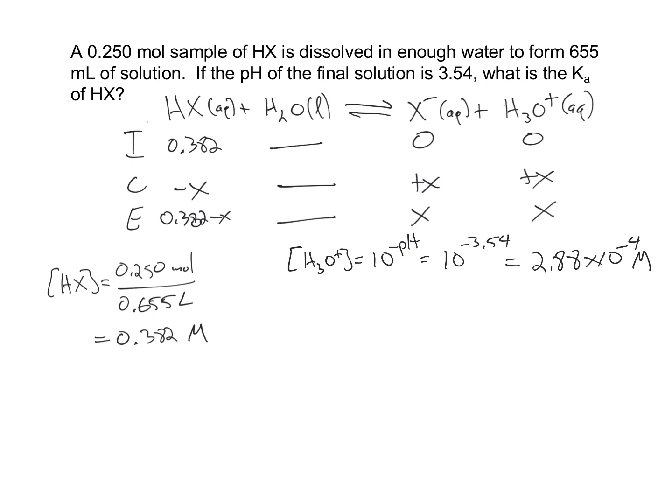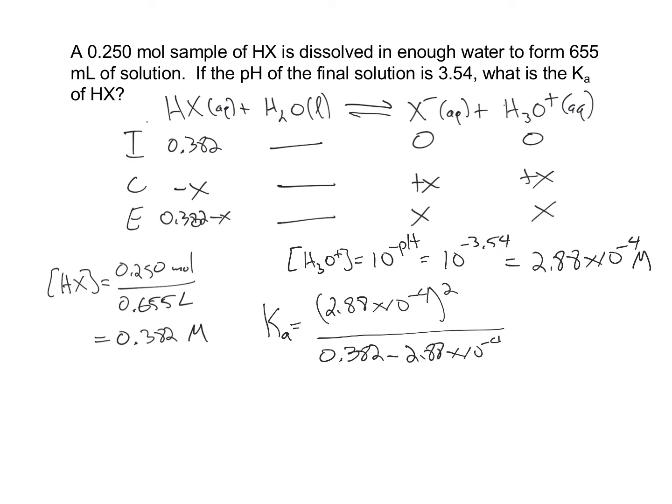So I'm going to go ahead and just plug that into Ka. Right, so we know that Ka is equal to x squared, so I'm going to have 2.88 times 10 to the minus 4 squared divided by 0.382 minus 2.88 times 10 to the minus 4.